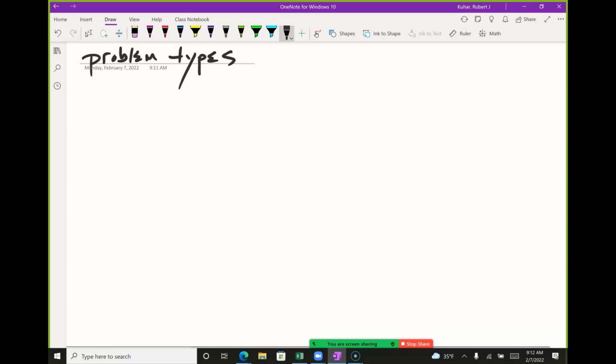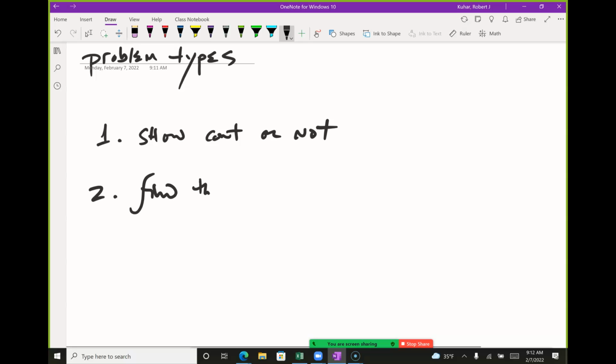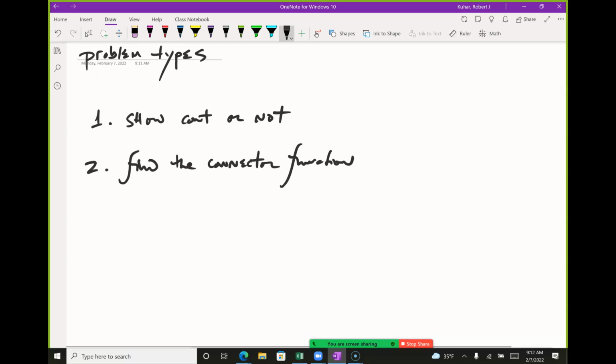So problem types: show continuous or not, right? And then step 2, find the connector function, I'll say. So let's see if we can do one of each real quickly here in the time we have left.